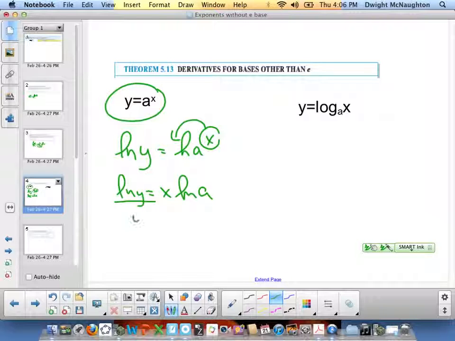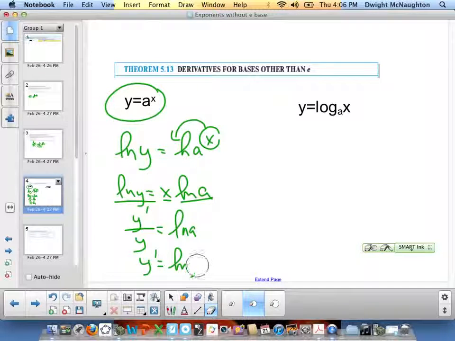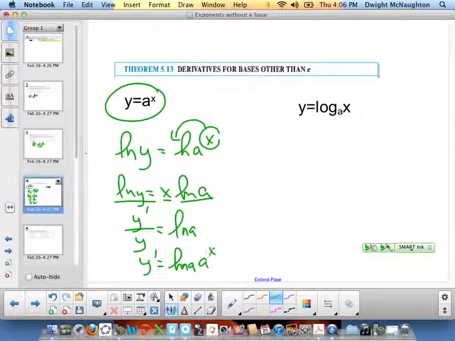The derivative of the natural log of y is y prime over y. Here it's the derivative of x times a constant, which is really just the constant. So multiply both sides by y: y prime equals the natural log of a times y, which is a to the x.